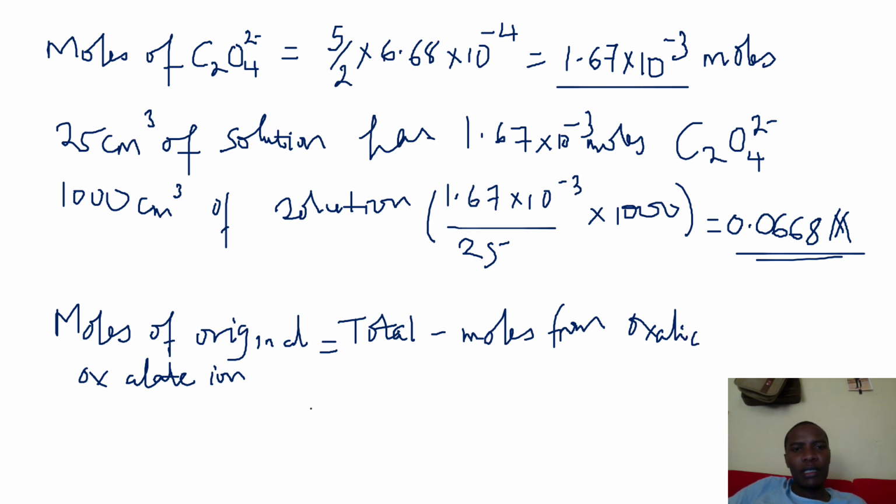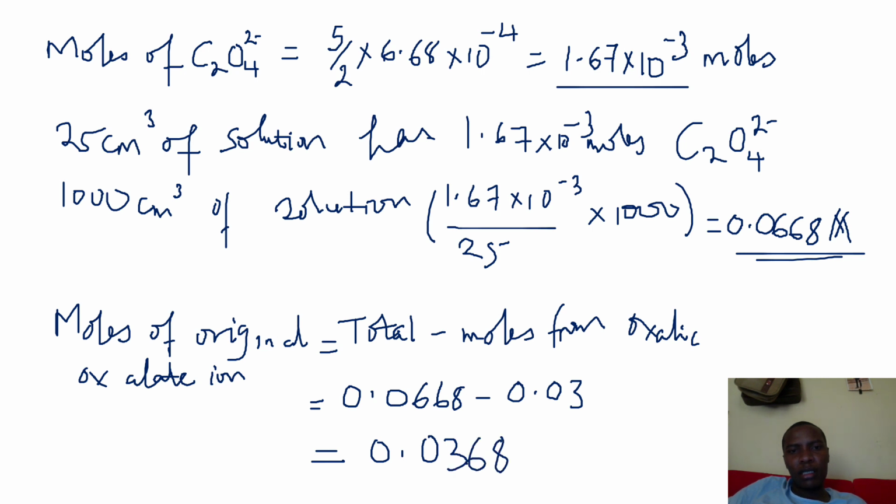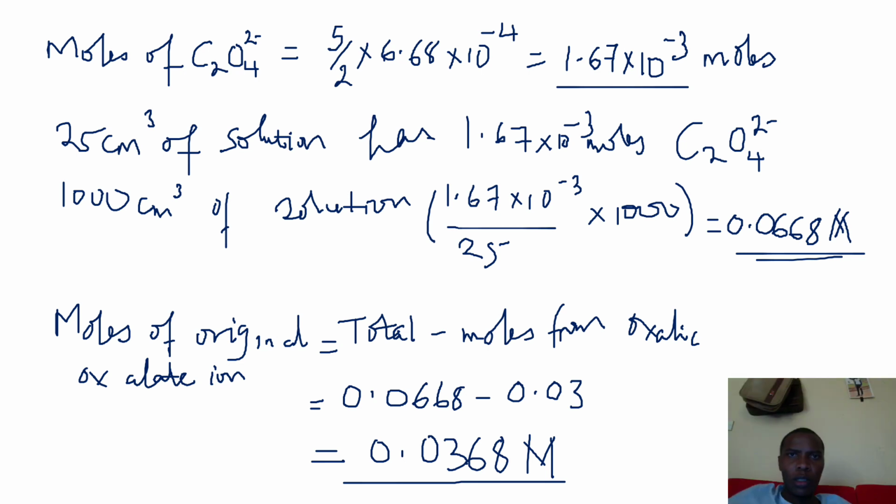This is going to be giving us 0.0668 minus, remember the other one was 0.03. So the answer is 0.0368 moles. They are still in concentration form. So the answer in that particular case is 0.0368. So we move on.